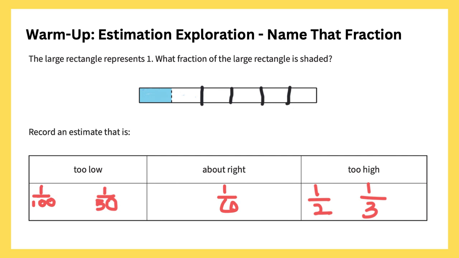But if you did not draw those individual pieces out the way that I did, you could also maybe guess 1/5 as about right, or maybe even 1/7. But just based on what we're looking at, I'm going to guess the correct answer is 1/6.